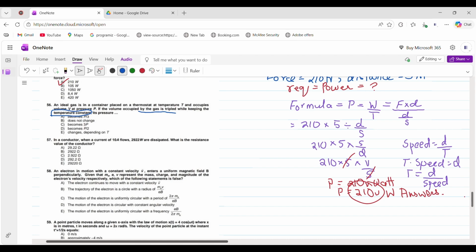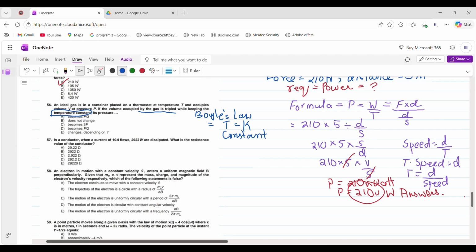You must have heard about Boyle's law. Boyle's law is used when temperature is kept constant.